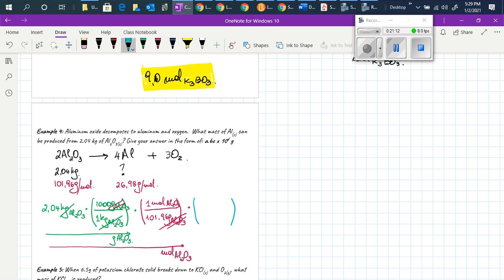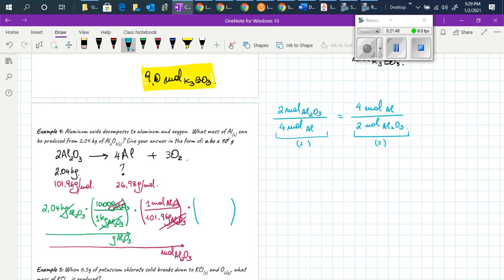We have to make that judgment based on the fact that when 2 moles of aluminum oxide are reacting, 4 moles of aluminum are produced. Or if 4 moles of aluminum are produced, then we are using up 2 moles of aluminum oxide.